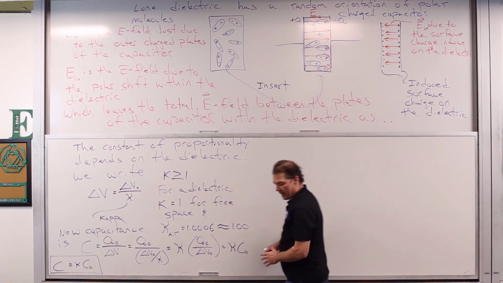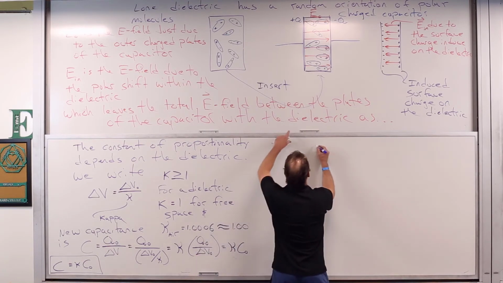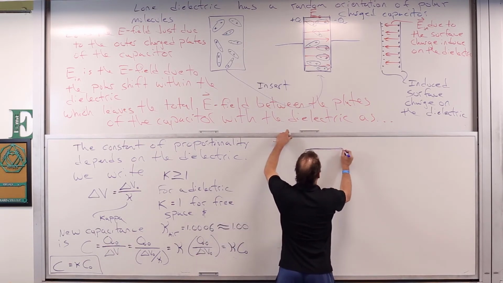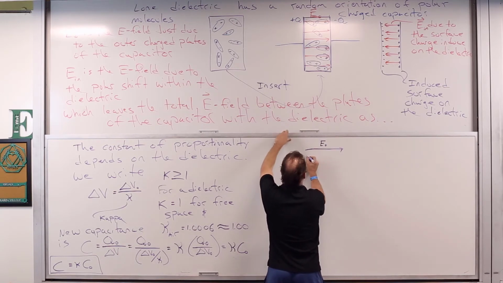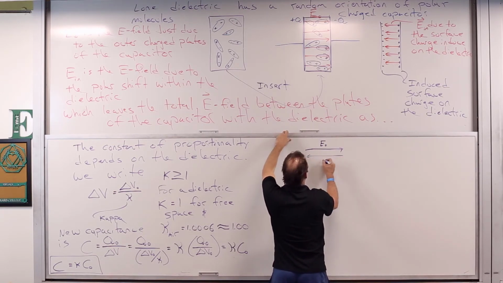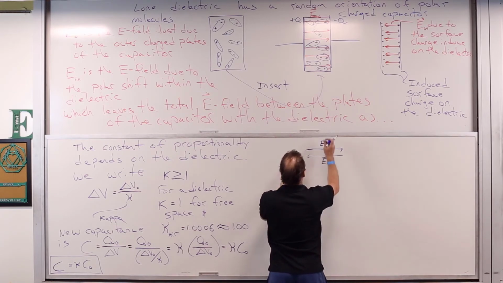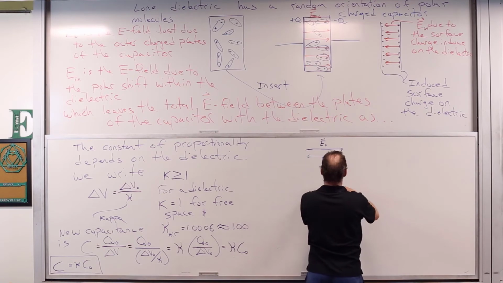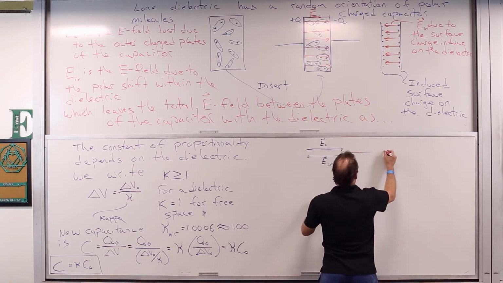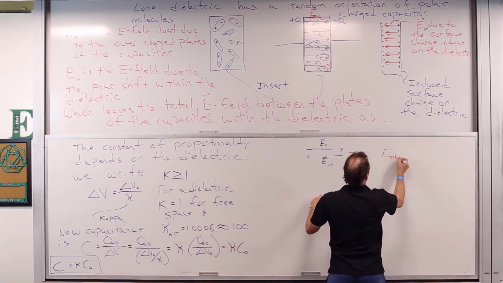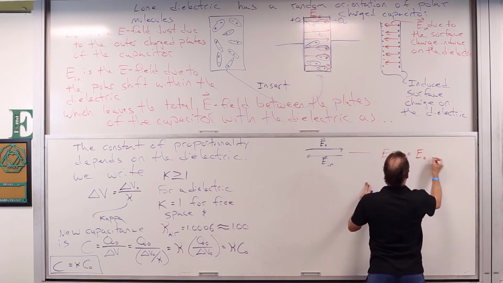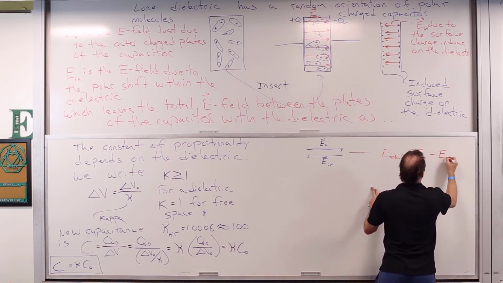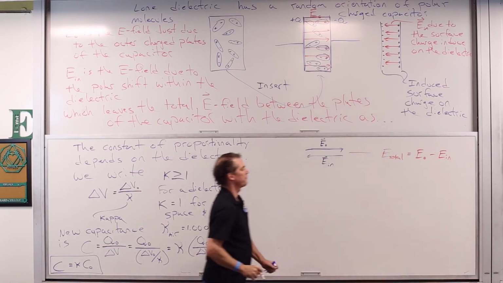So when we've got this E0, we've got this E induced, E total is going to be equal to E0 minus E induced.